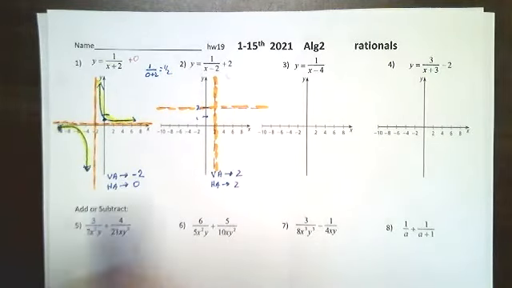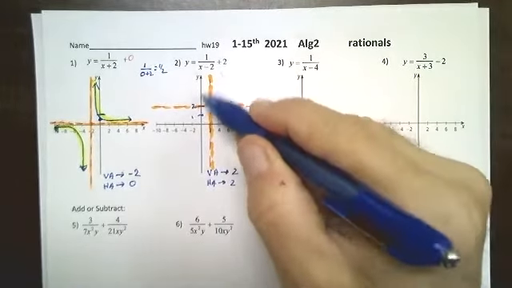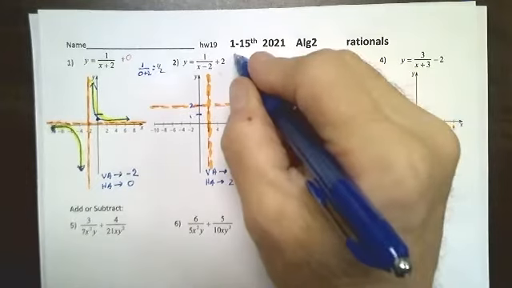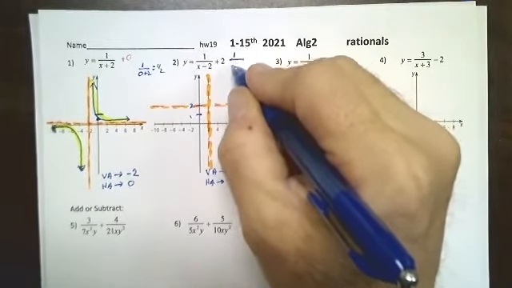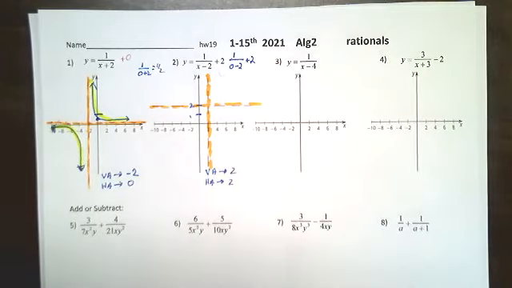Okay, this graph right here, I'm going to plug in a 0, so I have 1 divided by 0 minus 2, plus 2.